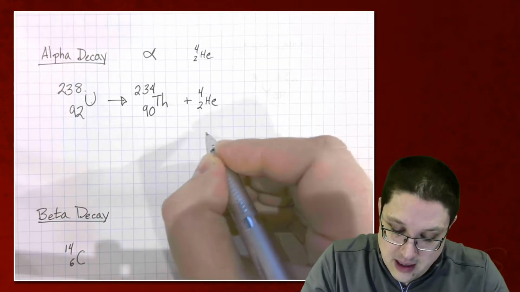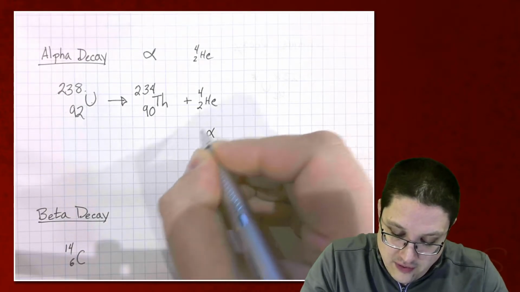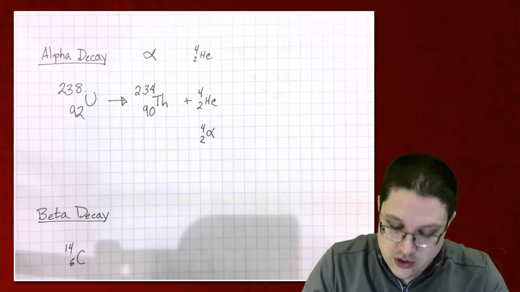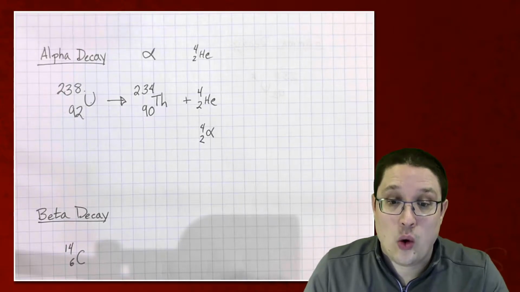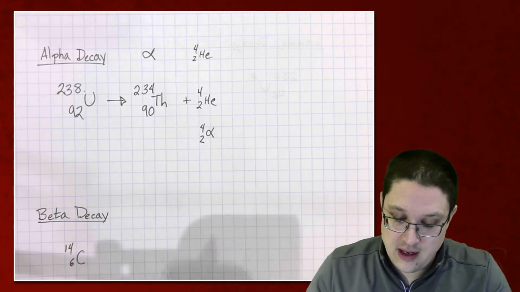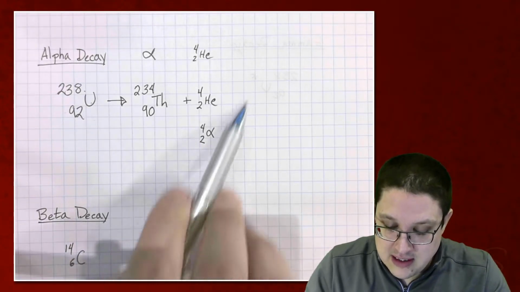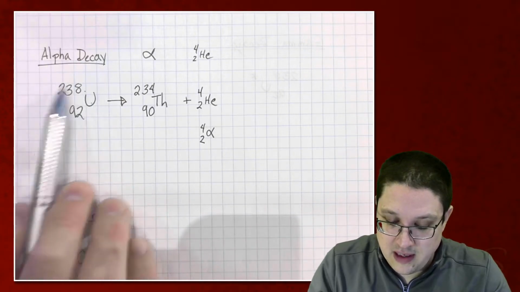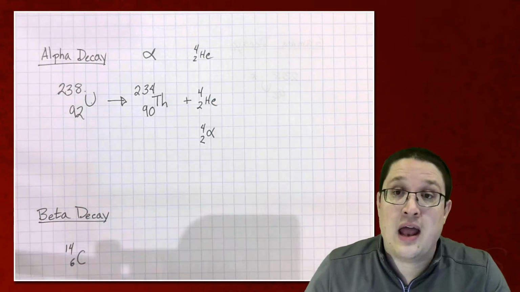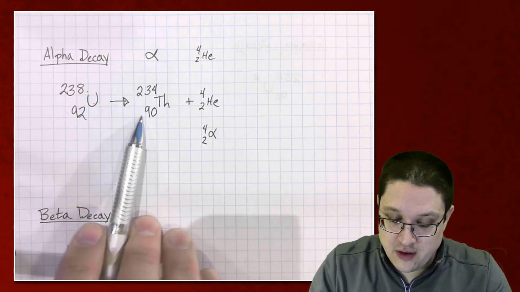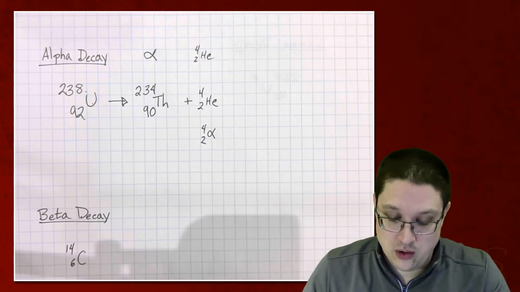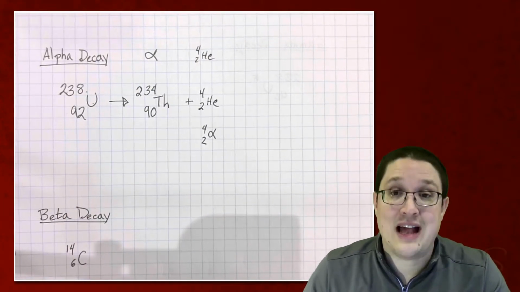This is sometimes written as alpha or as helium-4, or just an alpha. But this is the general pattern. I have something here, it emits an alpha particle, and then I have to figure out what's left of the original one. This is alpha decay.